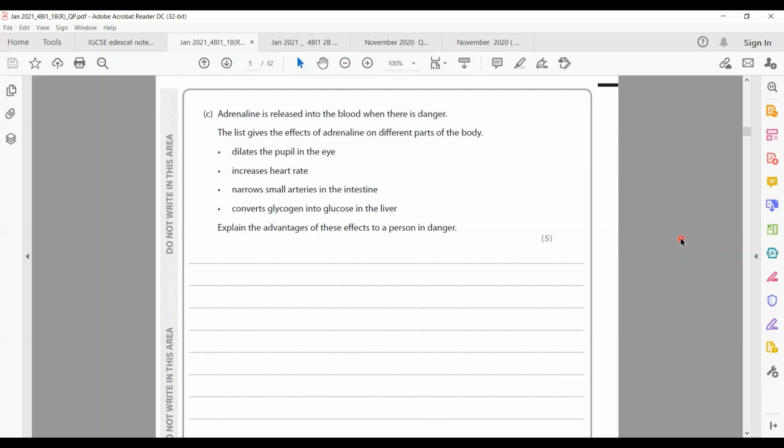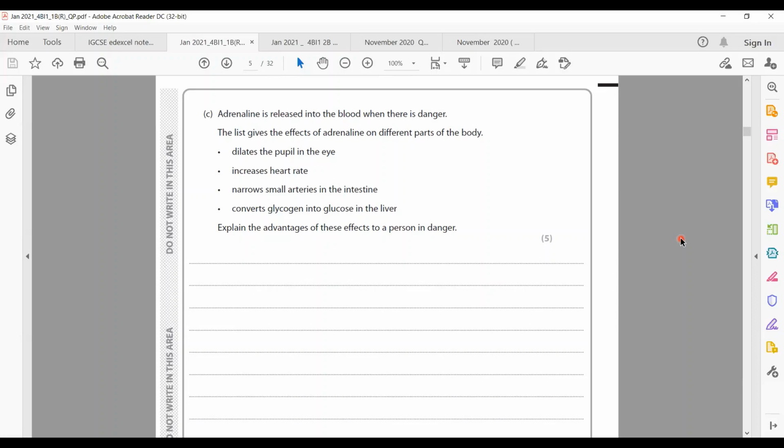Why does it narrow small arteries in the intestine? Remember when I said that there are parts of the body that need to be more active. So when the other parts of the body have their arteries or arterioles narrowed, it is in order to divert the blood to these muscles, for example the legs, because adrenaline is the hormone of fight or flight.